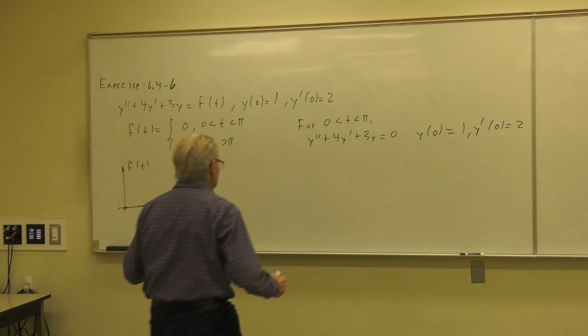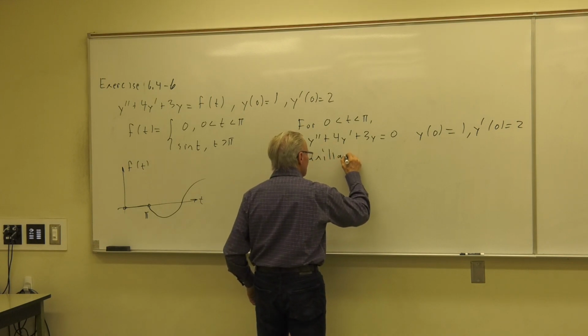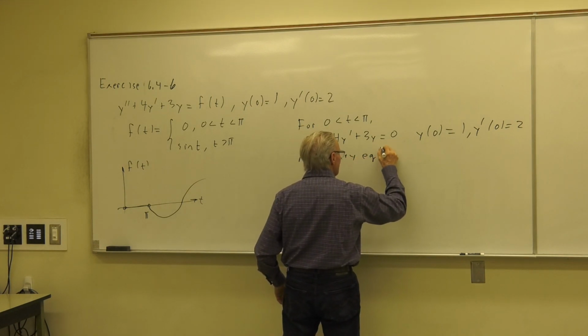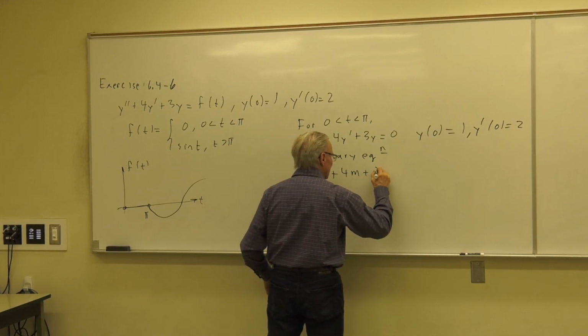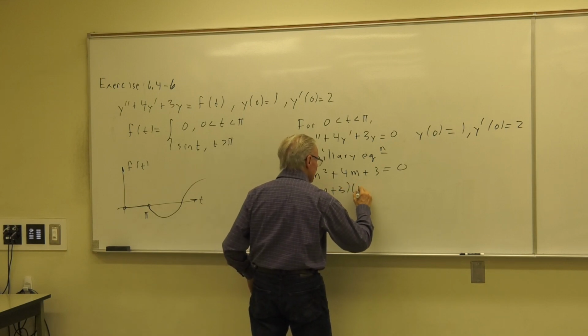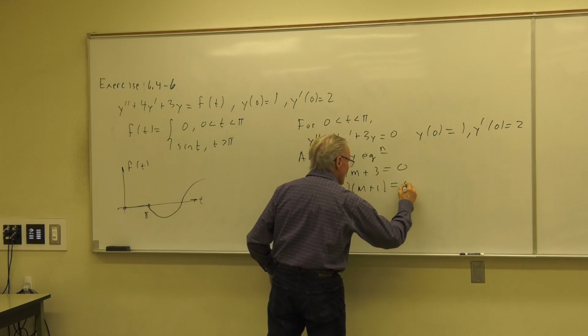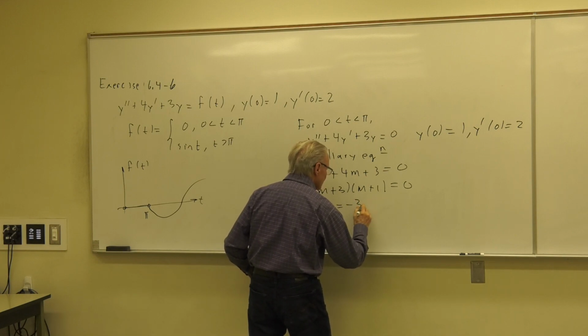So pull out your auxiliary equation: m squared plus 4m plus 3, and I've made it nice so that it factors. Solutions then being -3 and -1.